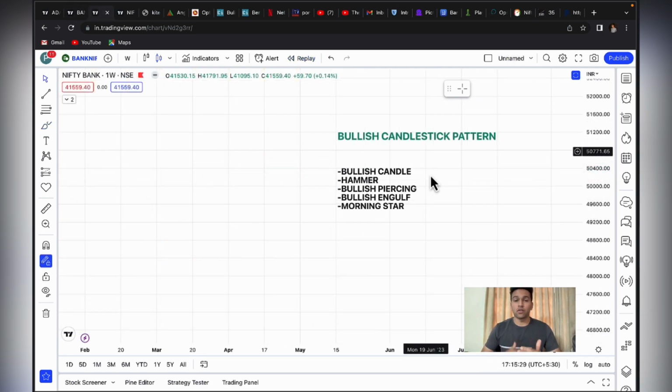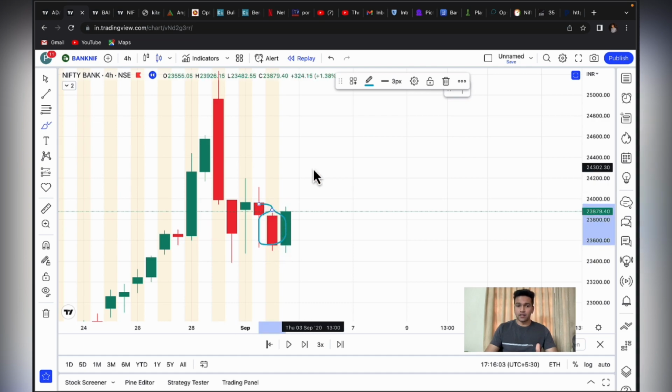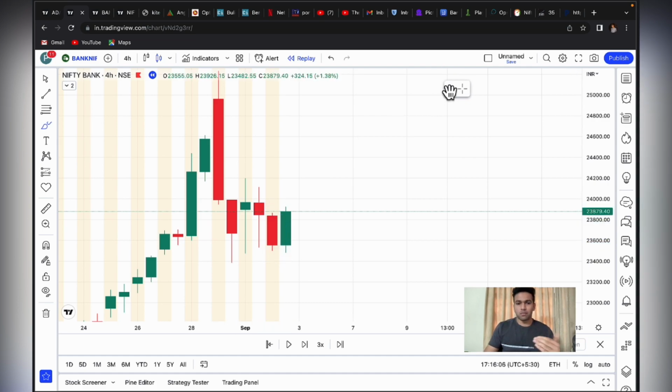So now let's jump ahead to the fourth example, which is a bullish engulfing. A bullish engulfing is a two candlestick chart pattern where, similar to bullish piercing, it opens with a bearish candle, and the follow-up candle is a bullish candle which engulfs the previous bearish candle, and that is known as a bullish engulfing.